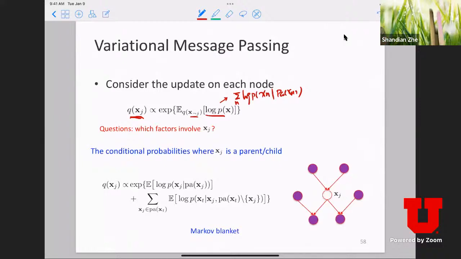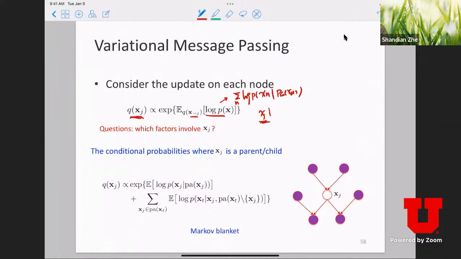Which conditional probabilities include xj? It will involve the conditional probability with xj as the main distribution, or xj in the parent part. Right? So all the variables in those conditional probabilities that include xj form the Markov blanket.